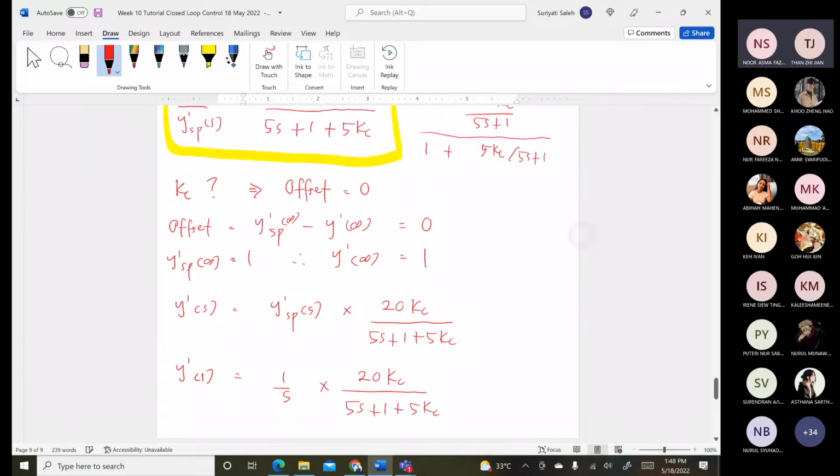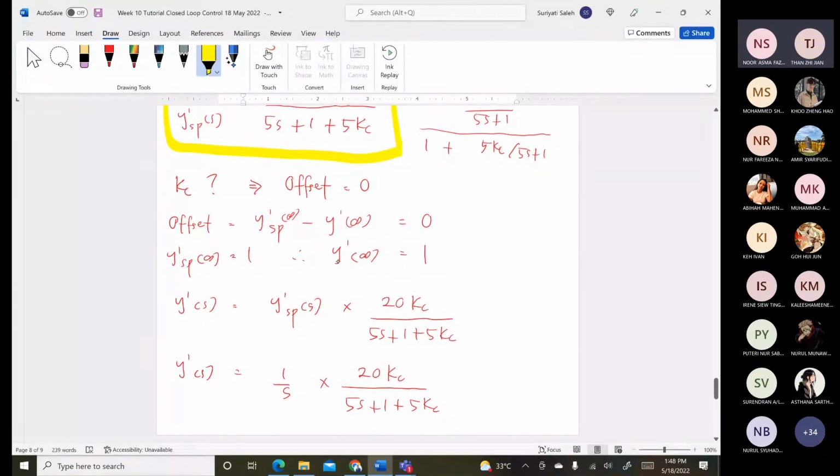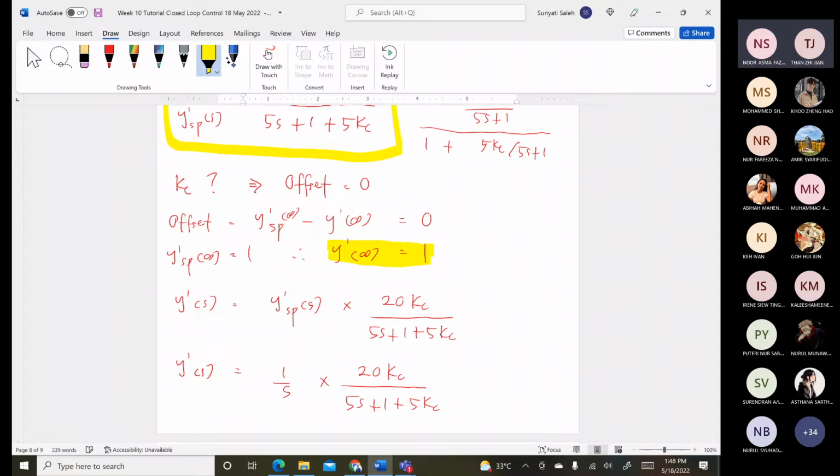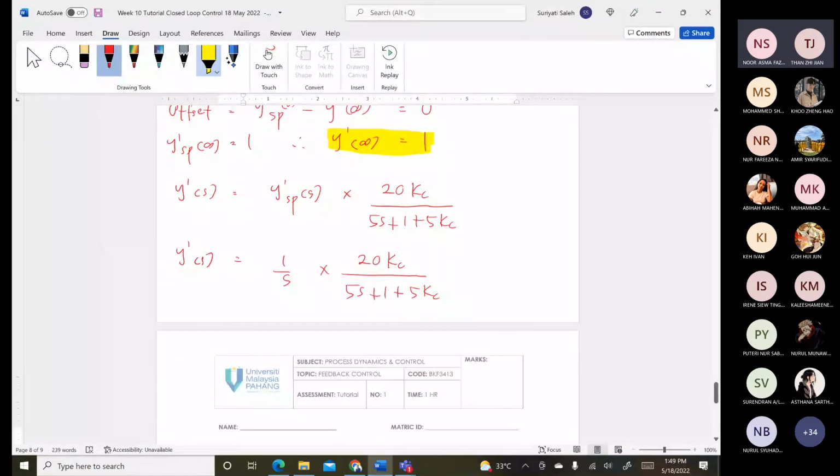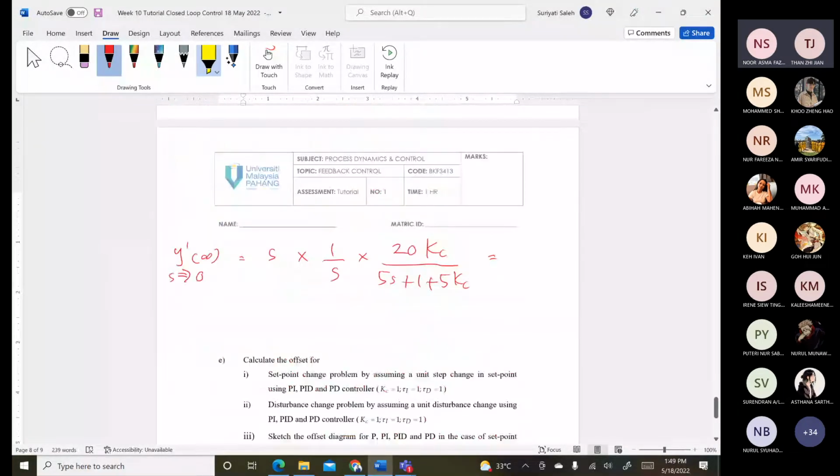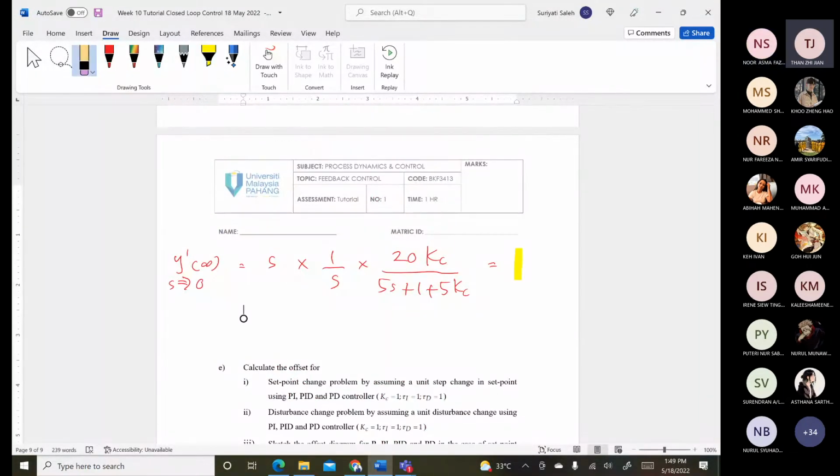So y prime infinity must be equal to 1 in order to make sure you get 0 offset. So we put the final value theorem equal to 1. In this way, it will contribute to the 0 offset.